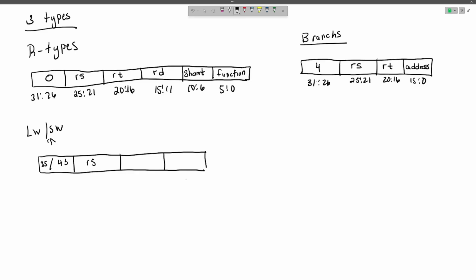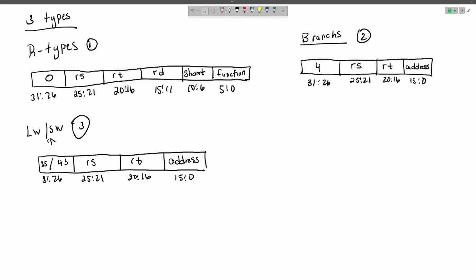This is going to be our RS, our RT, and our address. And the way it's divided is the same as the branch: 31 to 26, then 25 to 21, 20 to 16, and then lastly 15 to 0. And these are the 3 types of instructions that we have on our CPU.